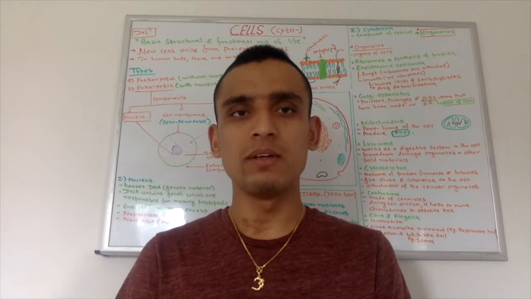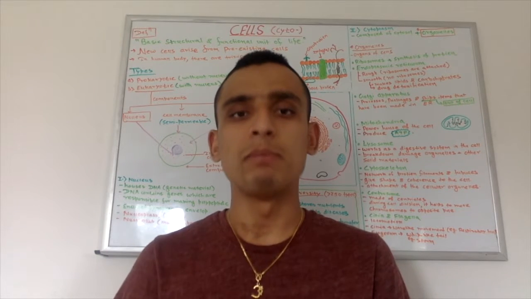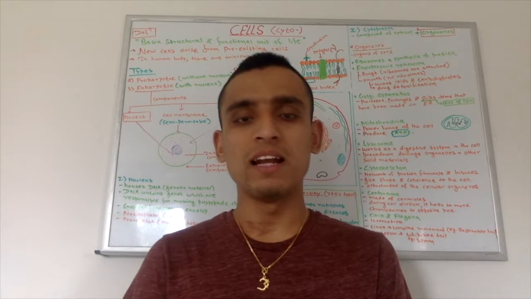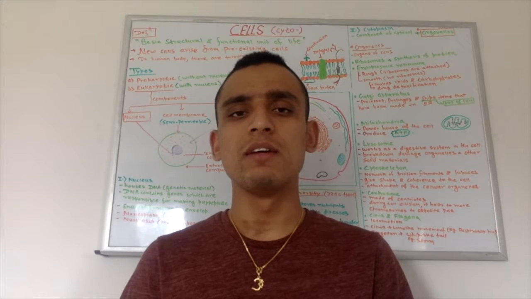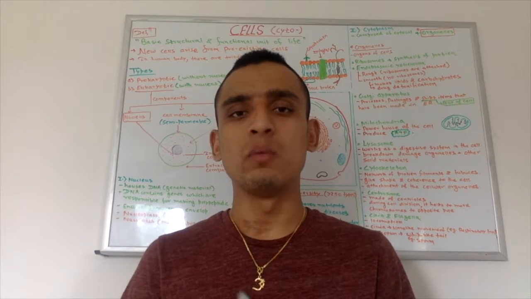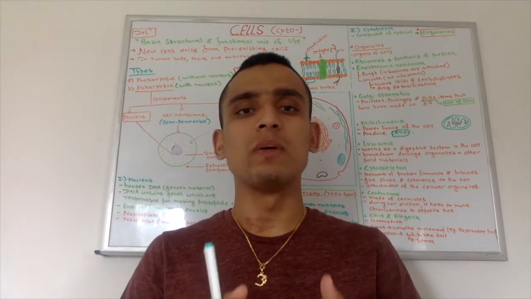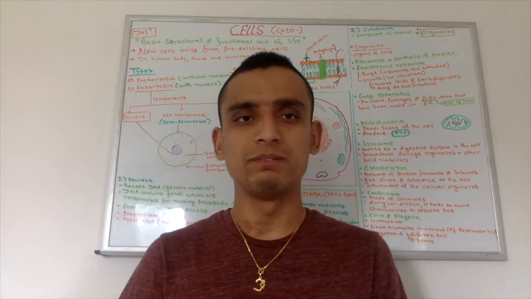According to cell theory, new cells always arise from pre-existing cells. In the human body there are trillions of cells and over 250 different types of cells, and they work together, they perform their jobs together, so we can function in the real world.